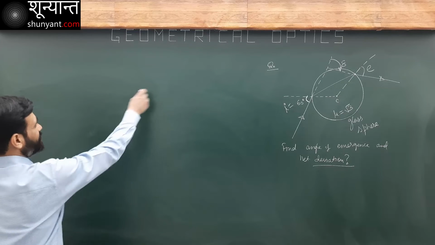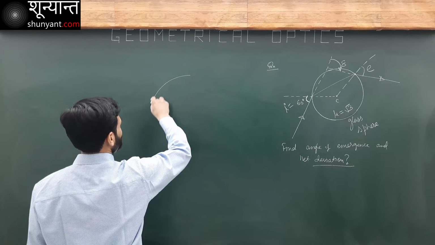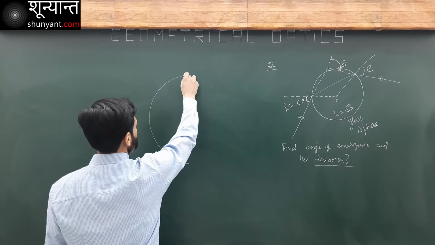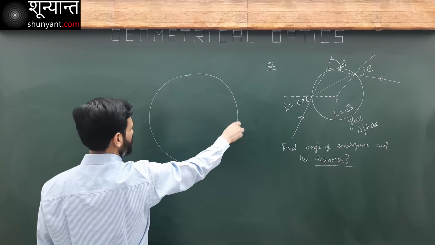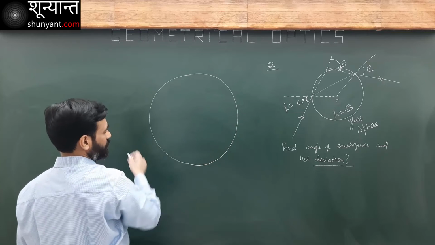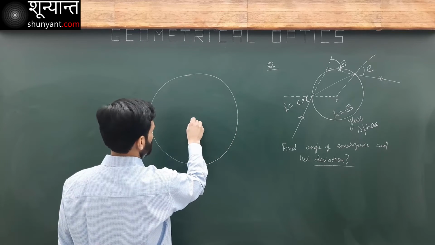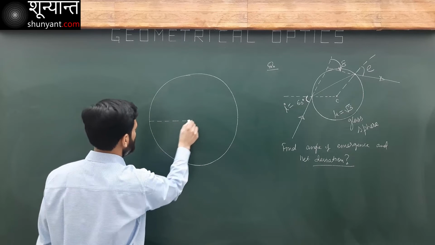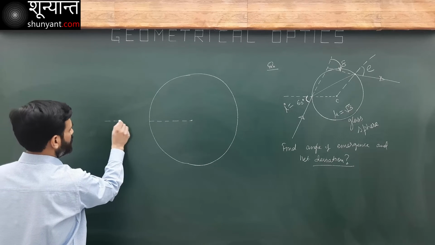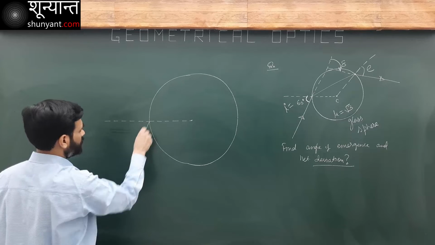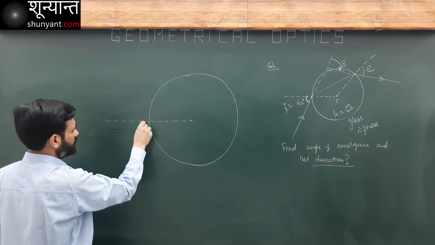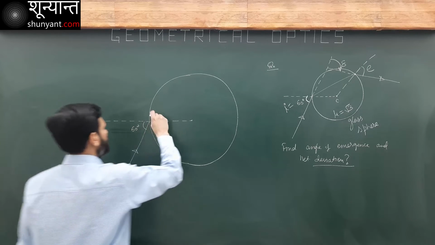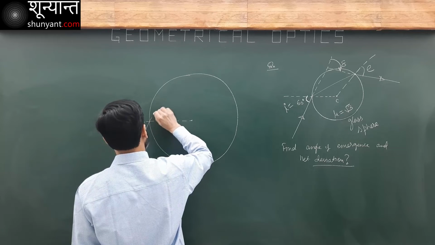Okay, so it's like this. This big a sphere is not required, it's just for the sake of clarity, so that you can see all the angles clearly. This is my point of incidence here. This is 60 degree. This is the original path.